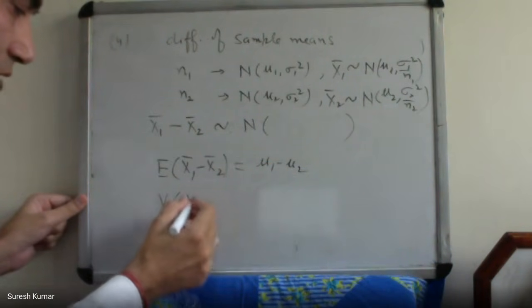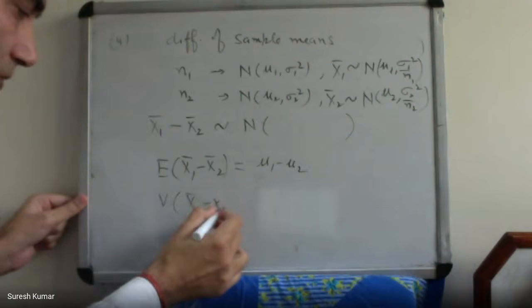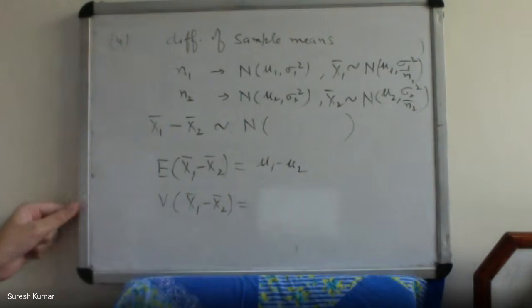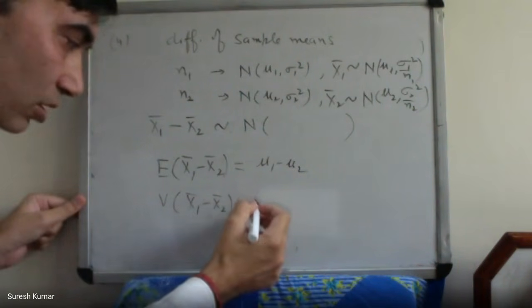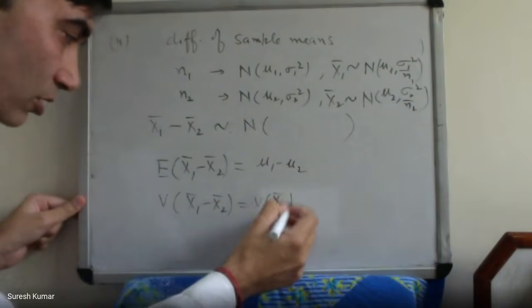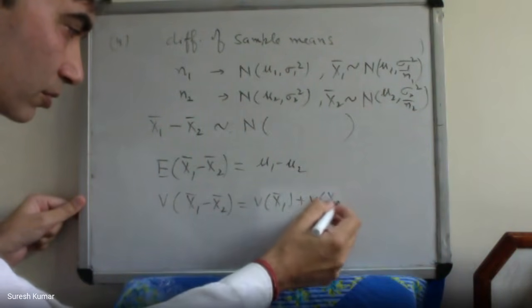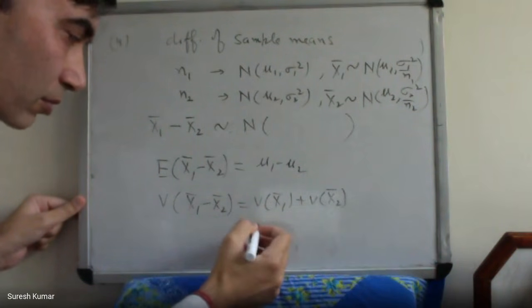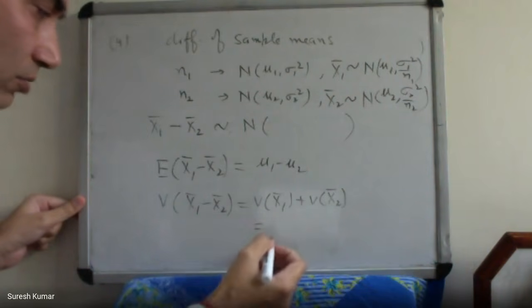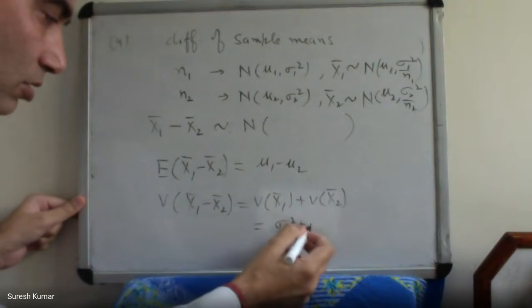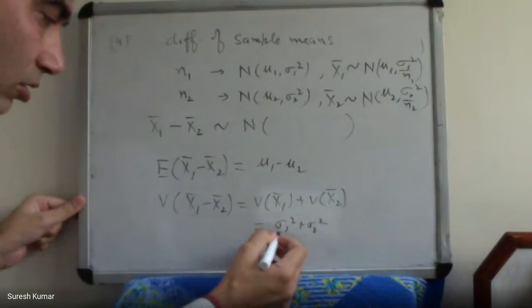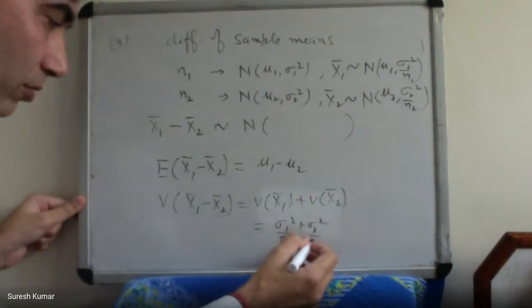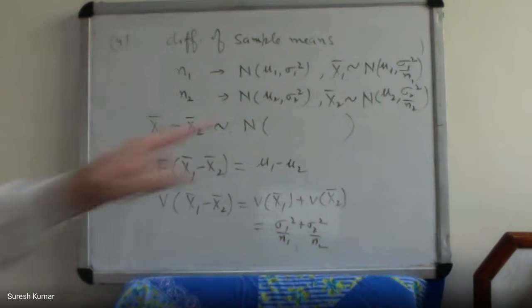And what is the variance of x1 bar minus x2 bar? It is V of x1 bar plus V of x2 bar. So it becomes sigma 1 square over n1 plus sigma 2 square over n2.